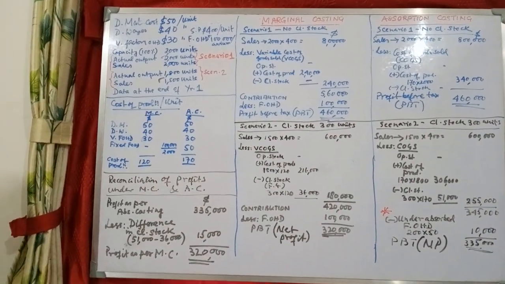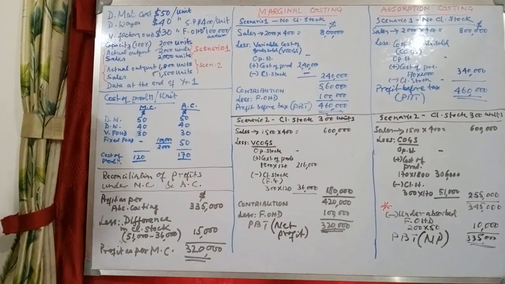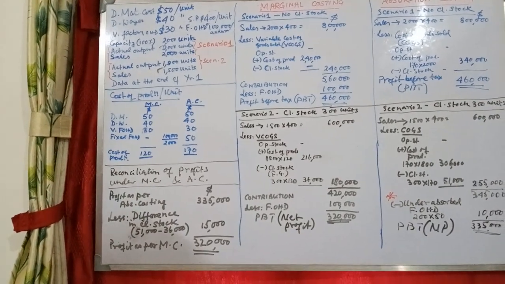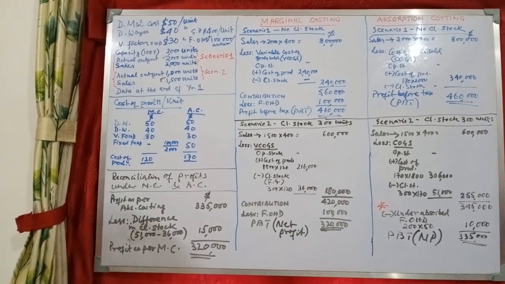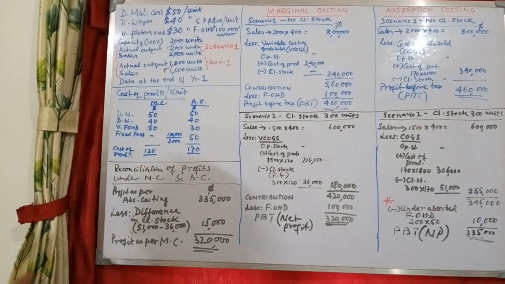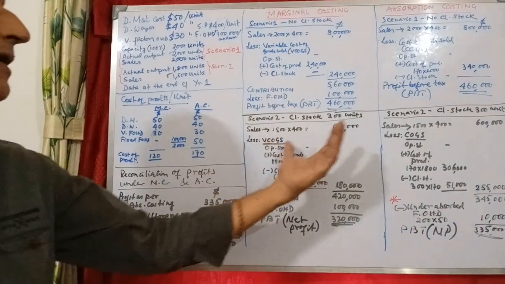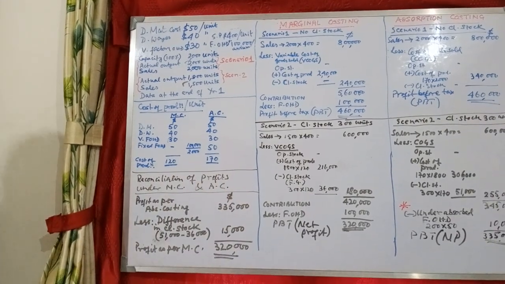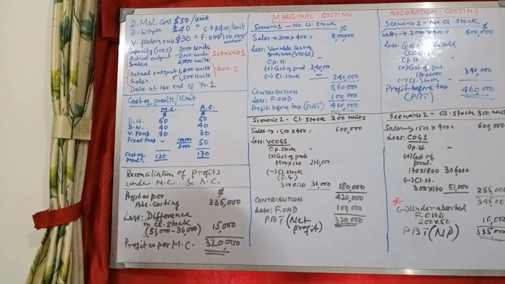Okay, this is very important from examination's point of view. There is every possibility that one sum consisting of a comparison between marginal costing and absorption costing with the numerical figures will come in the exam. There is a high possibility of that.